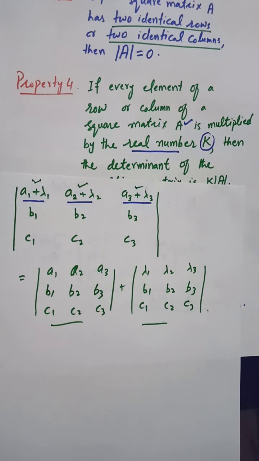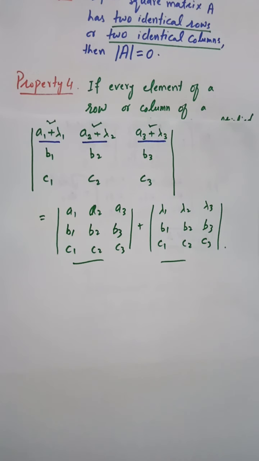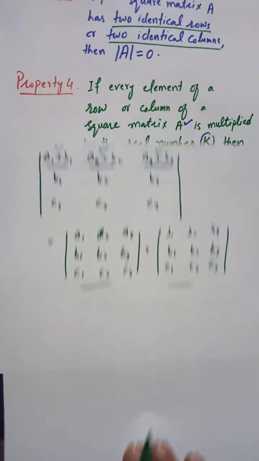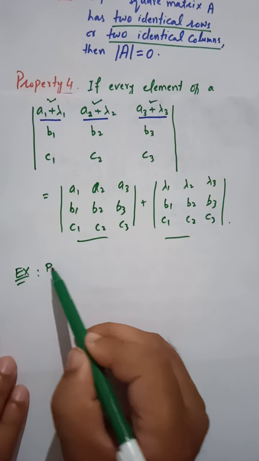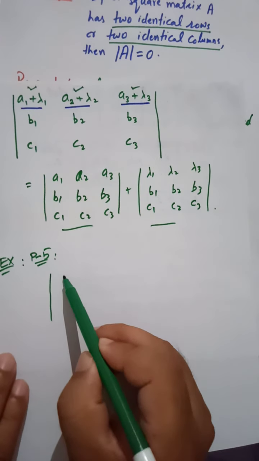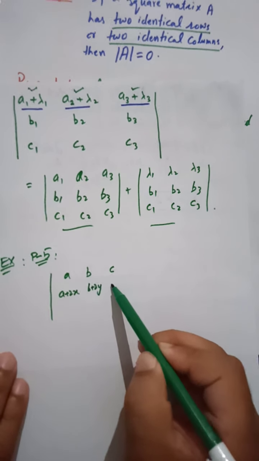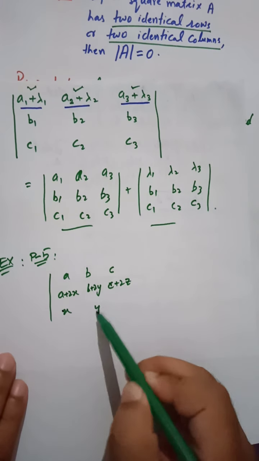Okay, now what is the meaning of property number 6? Before discussing property number 6, I am giving an example for property number 5. The matrix in the determinant form is a, b, c, a plus 2x, b plus 2y, c plus 2z, x, y, z.